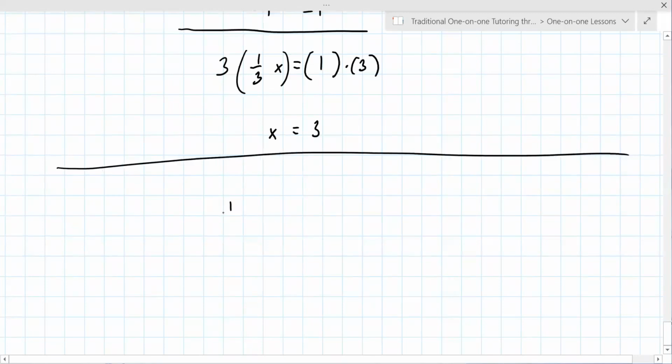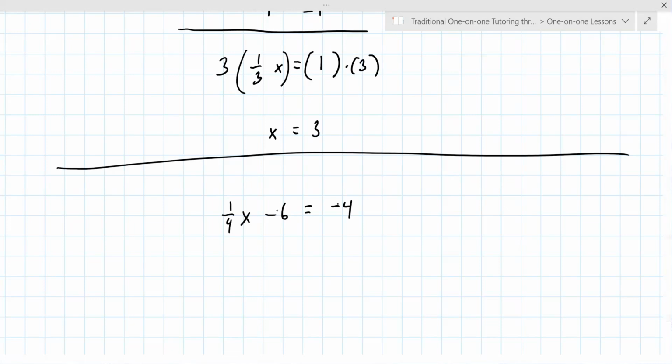Let's try another one here. Let's go 1/4 x minus 6 equals -4. So what do you undo first? Multiplication by 1/4 or subtraction by 6? We're subtracting by 6.